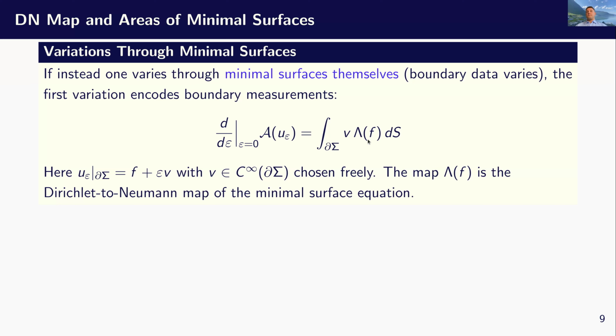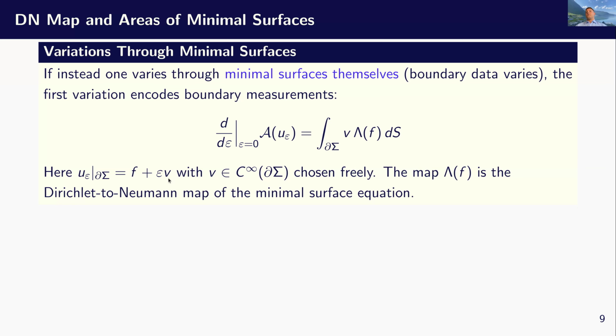So what does this mean? Well, if you know areas of all minimal surfaces, it means that you know these A(u_epsilon). Especially, you then know the epsilon derivative of those, which means that you know this left-hand side. But note now that this function v here is freely chosen.